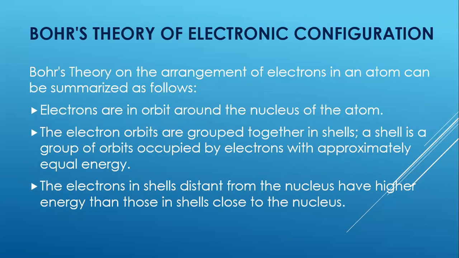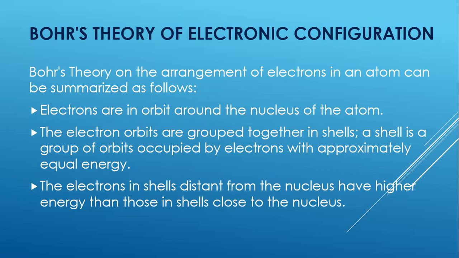Now, let's see Bohr's theory of electronic configuration. From just the name, you can simply know that it was proposed by Bohr. Now, Bohr's theory of electronic configuration simply shows the arrangement of the electrons. It can be summarized as follows.